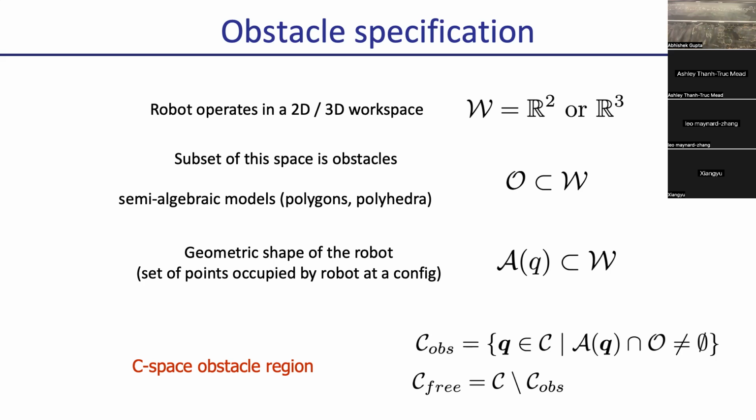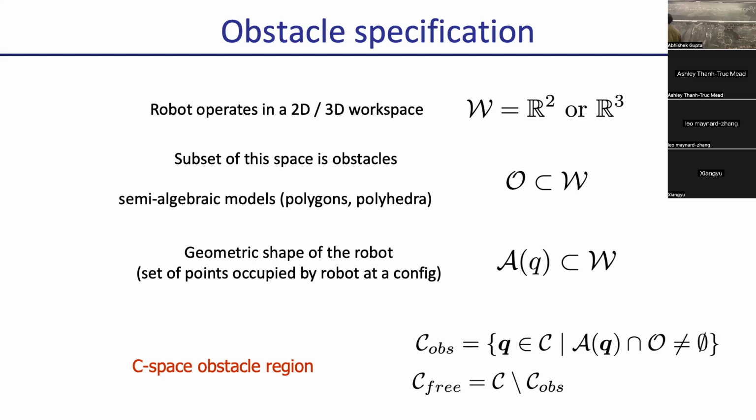Let's look through this definition here. It's saying that an obstacle mapped into configuration space is the set of all configurations where the intersection between the body of the robot at that q and the obstacle is non-zero, right?